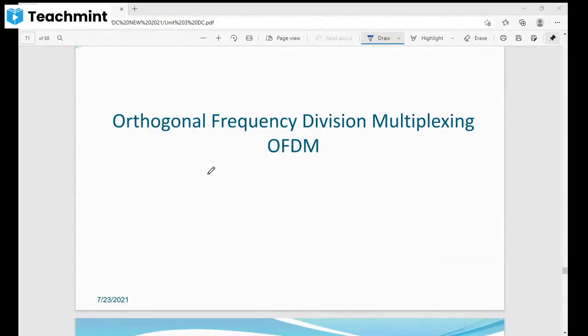Then orthogonal frequency division multiplexing is also there. In that case, we are transmitting multiple carriers without interfering with each other. So with zero ISI, we can transmit the signal.